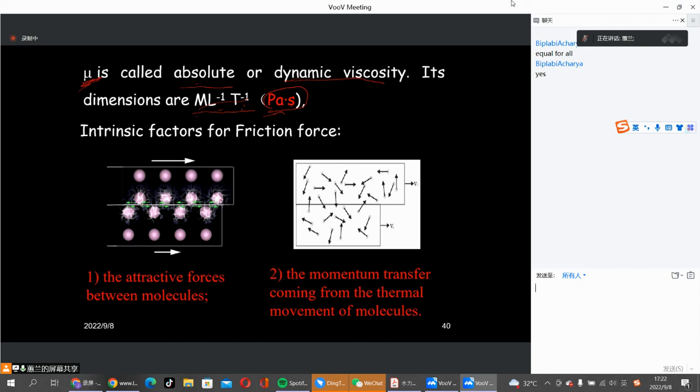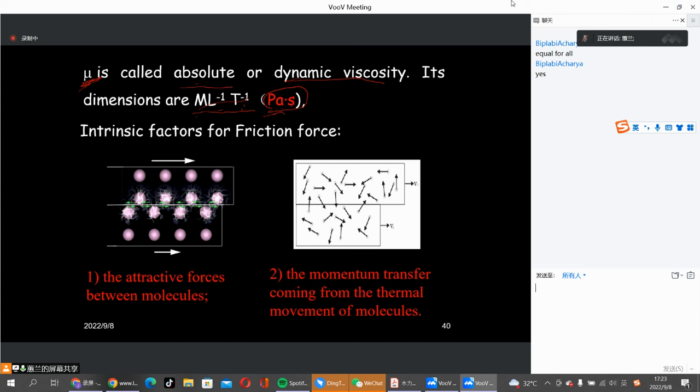Okay, so these two factors have an effect on the viscosity, or we can say they are the dominant factors that decide whether it's easy to deform or not, or decide its resistance to shear stress.